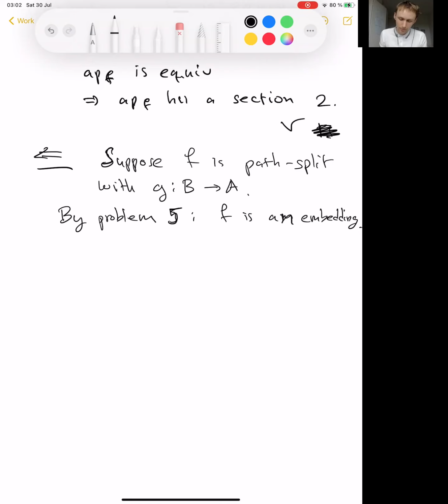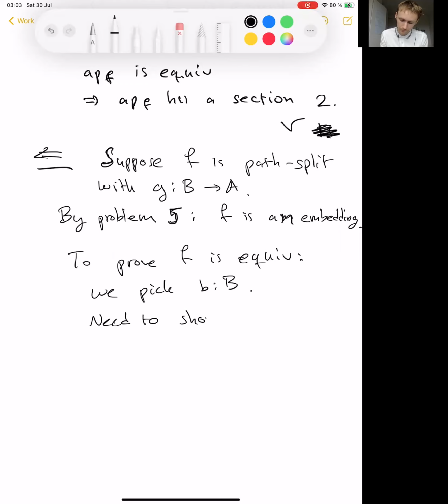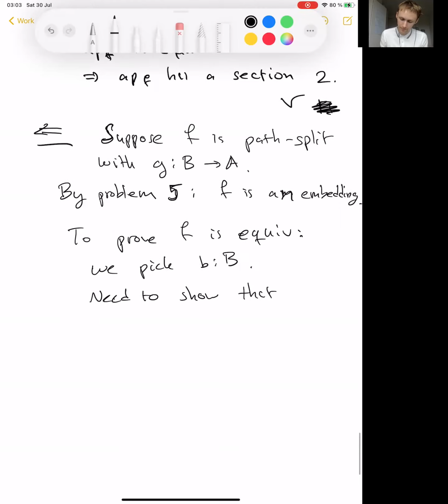Okay, so what do we need to do in order to prove that f is an equivalence? Well, we pick some b, and we need to show that the fiber of f at b is contractible.